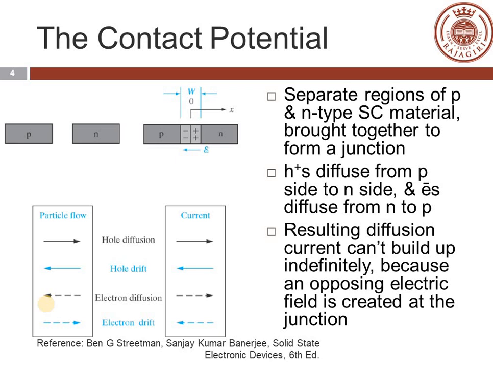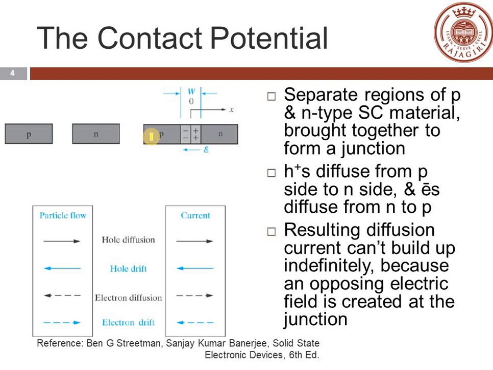Now correspondingly, we can draw the particle flow and resulting current directions. We know diffusion will take place from an area of higher concentration to lower concentration. The black components in this area are diffusion components, and the blue values are drift components.